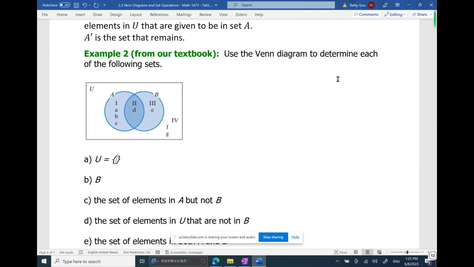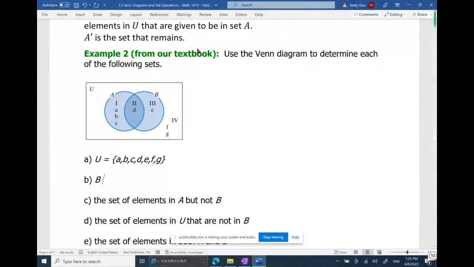In the universal set, we have elements A, B, C, D, E, F, G. Yeah, all the elements within the box are elements in the universal set.